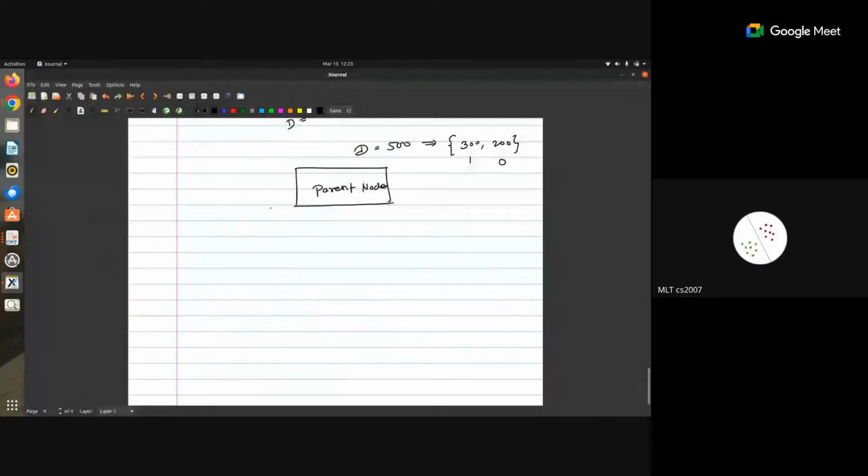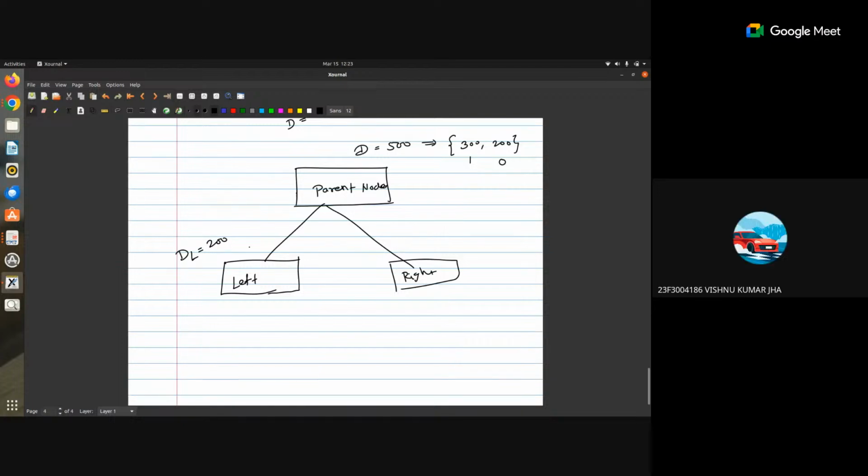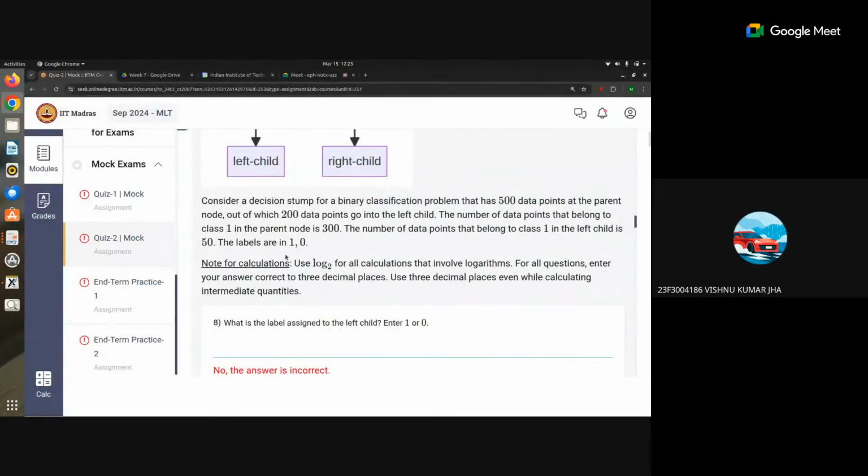First thing, this is the left one, this is the right one. Left child, how many data points are there? Let's say DL contains 200 data points. Among those 200, 50 are plus ones, and the remaining 150 will be 0. Is that correct? Yes, sir. Okay. And what is the label assigned to the left child? That is what the question is, I guess.